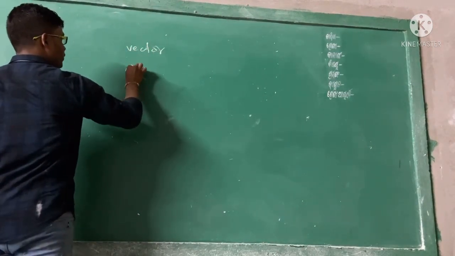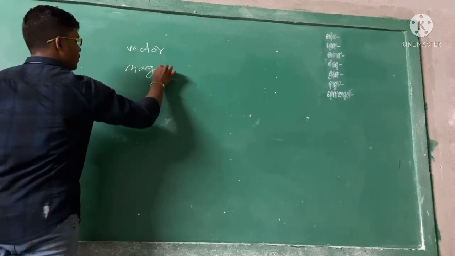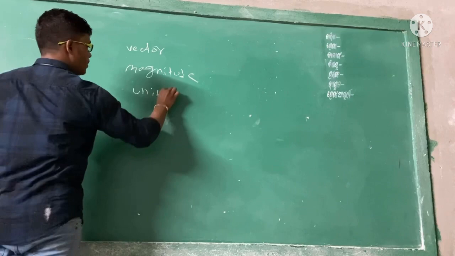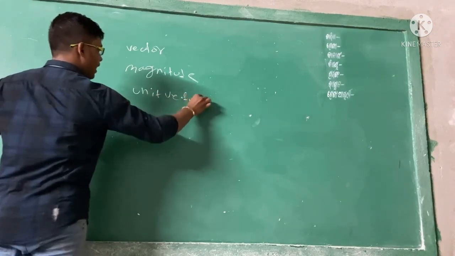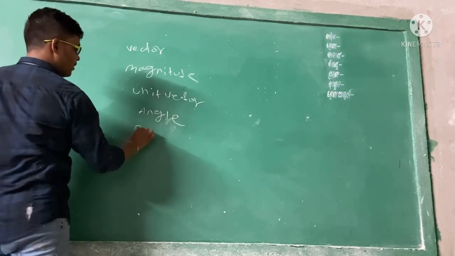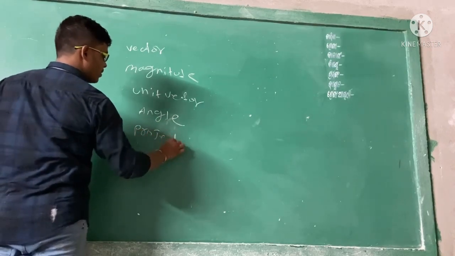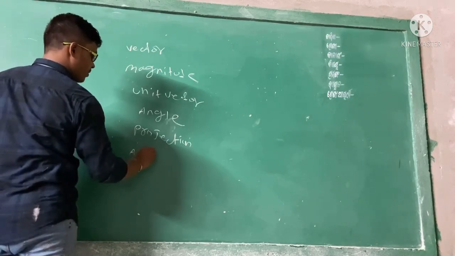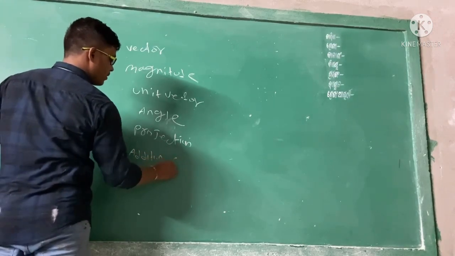Okay, so quickly, what did we discuss today? One is the vector, how we represent the vector, what is the unit vector, then what is the vector magnitude, how we find the magnitude, what is the formula, then the angle between them. Actually this notifies your direction.